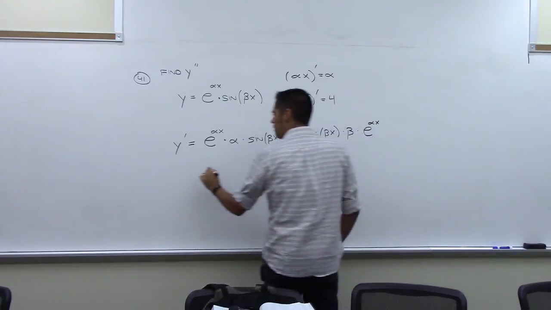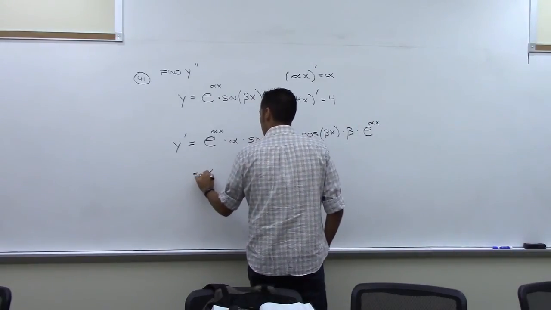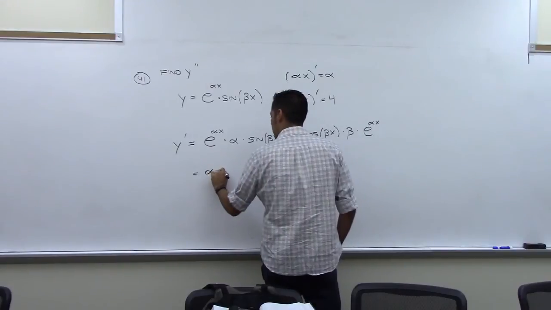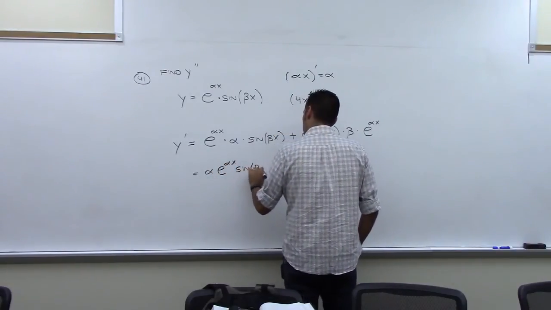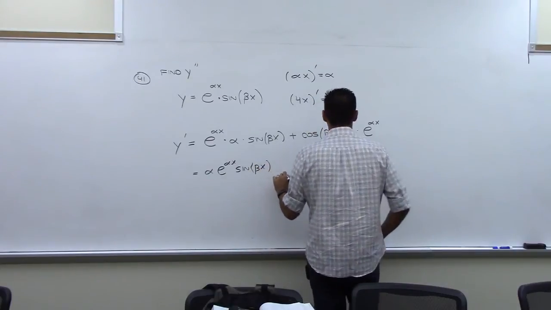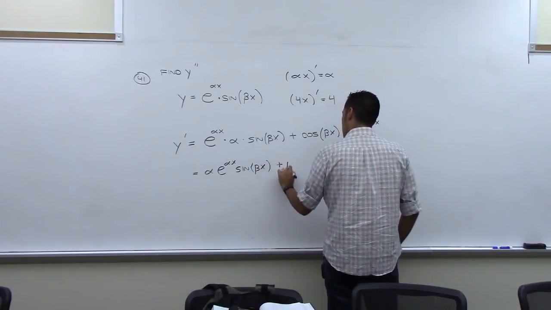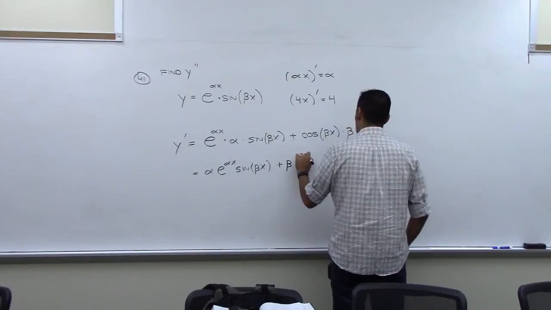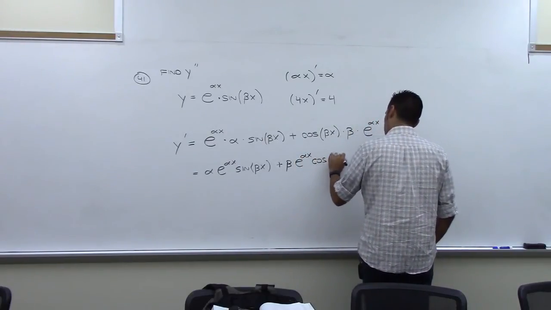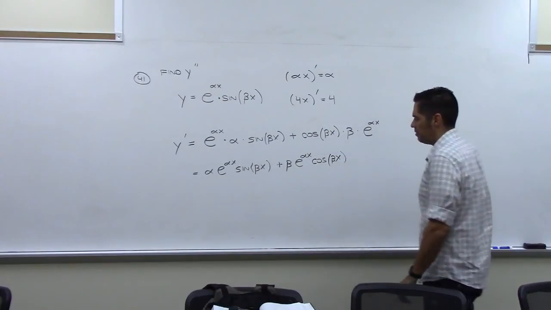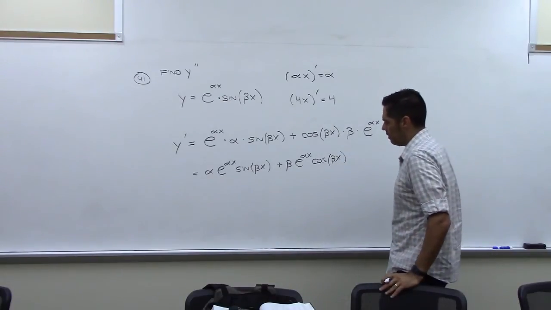So we have alpha, I'm going to put the constant out front, alpha e to the alpha x sine beta x plus beta e to the alpha x times cosine beta x. All right, so there's my first derivative.